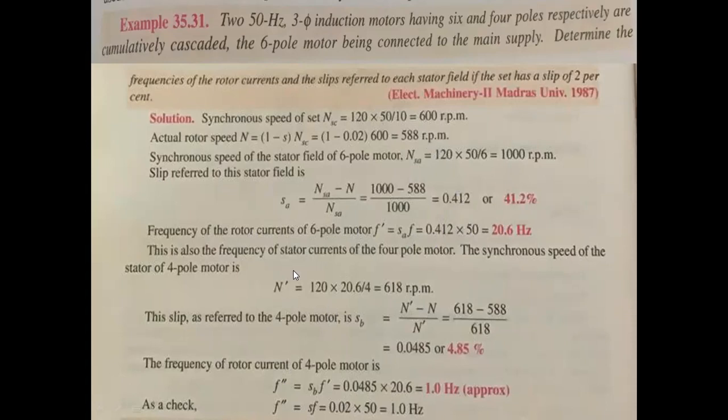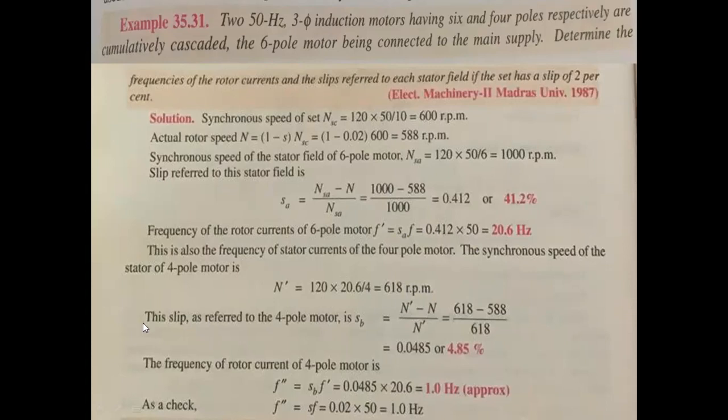First, the speed, denoted by N dash for motor B. N dash is equal to 120 F by P. For the second motor the frequency changes: the frequency of motor A is fed to B, so we use 20.6 Hz. That is 120 into 20.6 by 4, which is equal to 618 RPM.